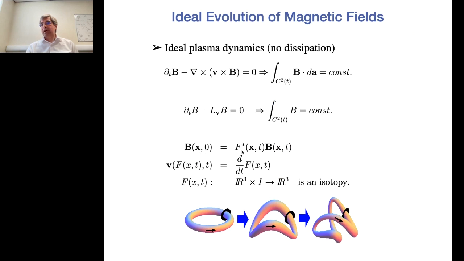So this F star here means the pullback, and you can think of B as a two-form if you want. And the F is the flow of the velocity field, so d by dt of F is our velocity field of the plasma. And that velocity field then generates this isotopy F, which essentially deforms any magnetic field in your domain.